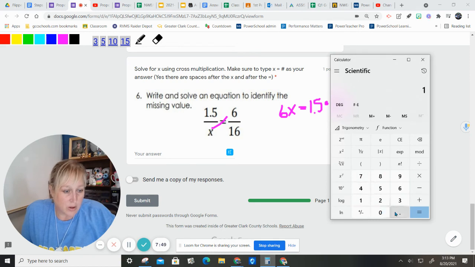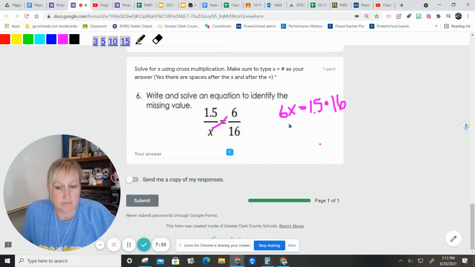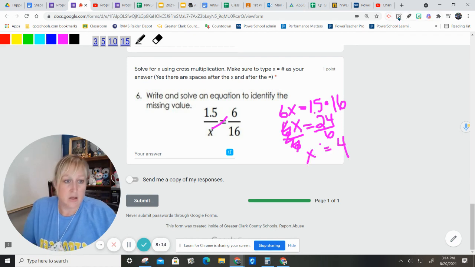So 1.5 times 16 equals 24. That was what I was thinking. I can fake it. So the next step is 6x equals 24. And the last thing that I have to do is divide both sides by 6. That makes these 6's go away. I'm left with x equals 4.